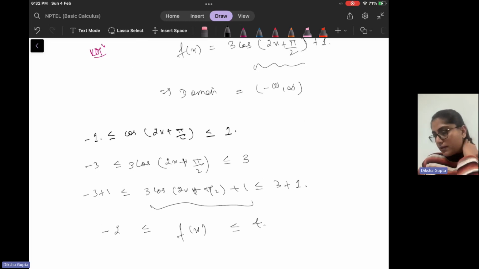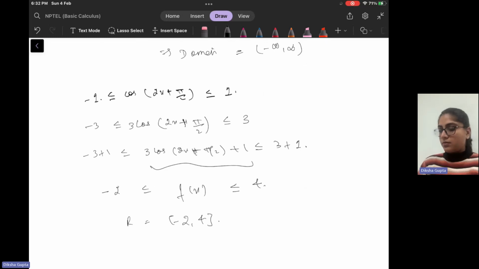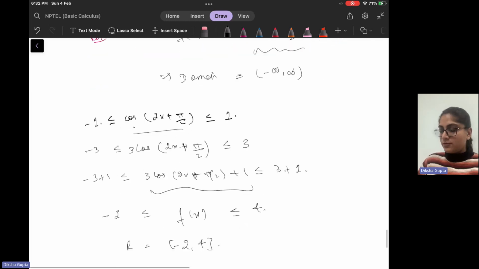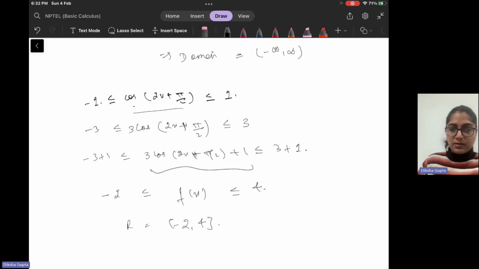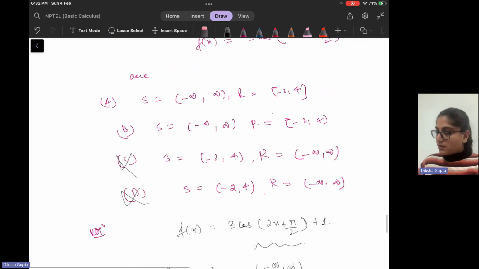So this inequality will not create any problem at any step. So we have range equals minus 2 to 4, because cos of this can take value minus 1 and 1. So at whatever point cos(2x + π/2) will take the value 1 or minus 1, there the given function will take the value minus 2 and 4. So you can easily evaluate that. So the correct option is A.